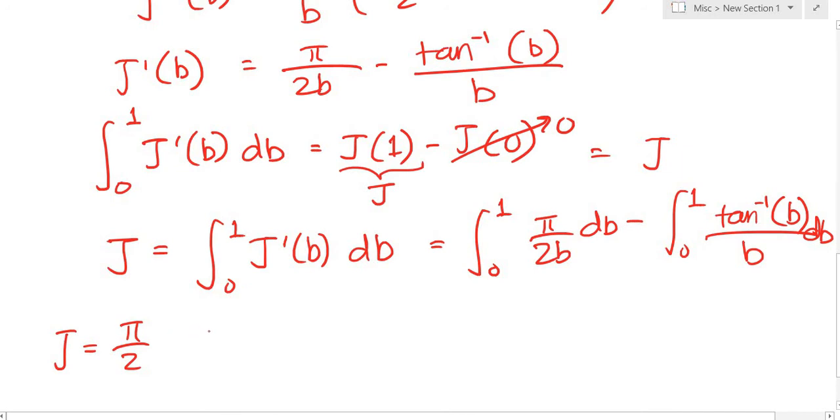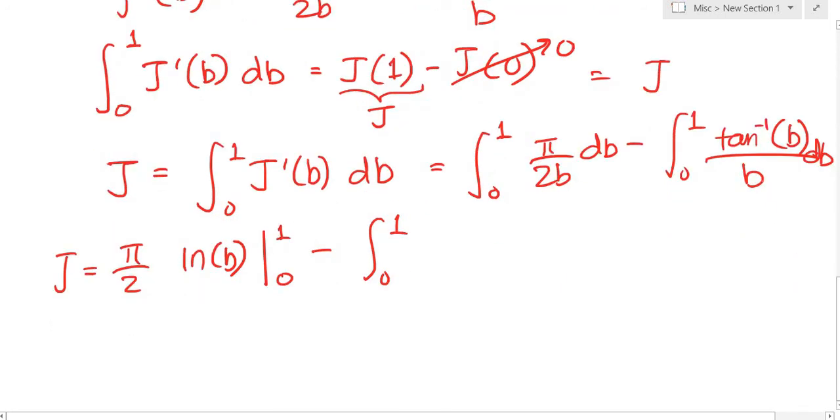Then the integral of db over b is the natural log of b, but you have to evaluate that from b equals 1 to b equals 0, minus, let's just convert our inverse tangent into its Taylor series, because there is literally not much else that we can do over here.